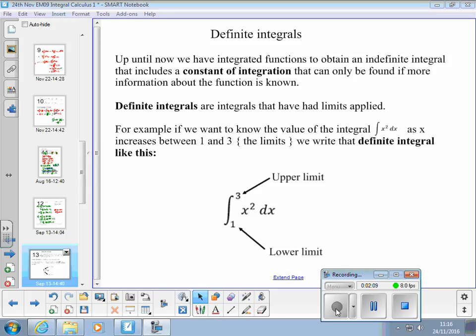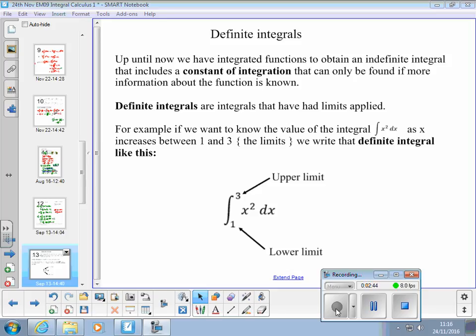For example, if we want to know the value of the integral of x squared as x increases between 1 and 3, there are limits. You'd write that definite integral like that. The integral sign with the lower limit at the bottom and the upper limit at the top. What you're saying is, we're interested in the integral of x squared for values of x between 1 and 3.